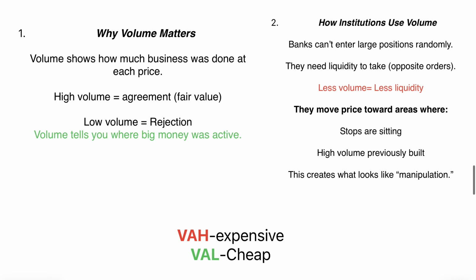So they moved price towards areas where stops are sitting, and where high volume was previously built. This creates what looks like manipulation. So what do I mean by high volume areas that have previously been built?